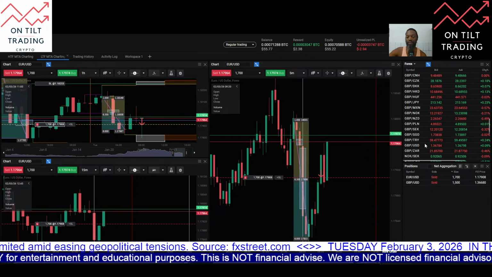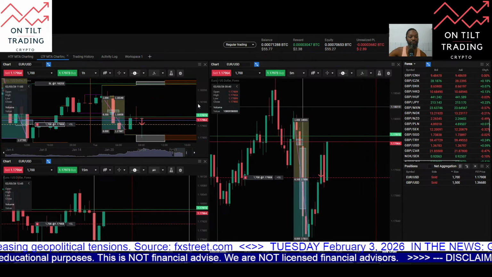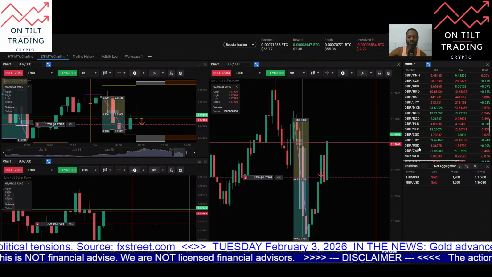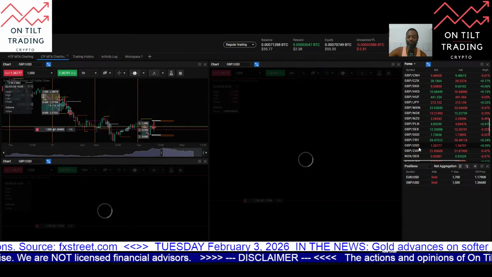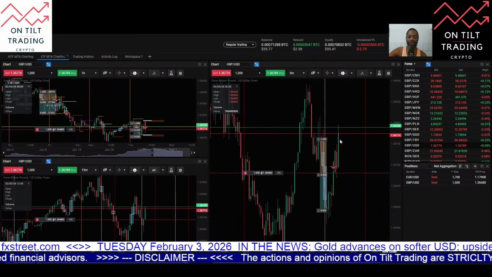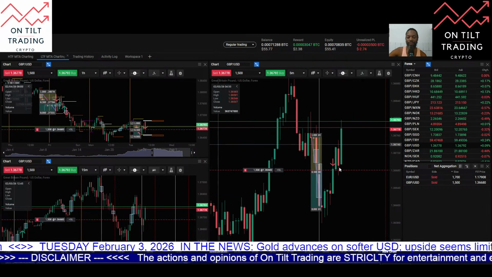Head over to pound dollar. Same thing, price pulling back aggressively here.